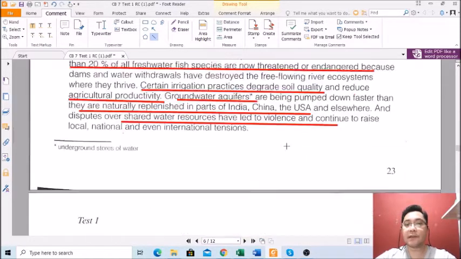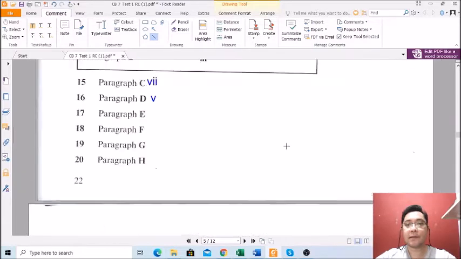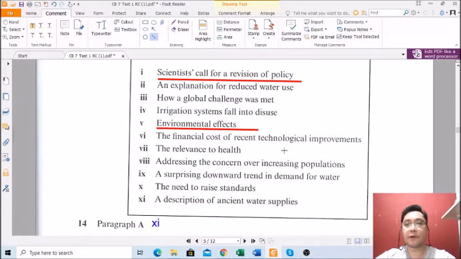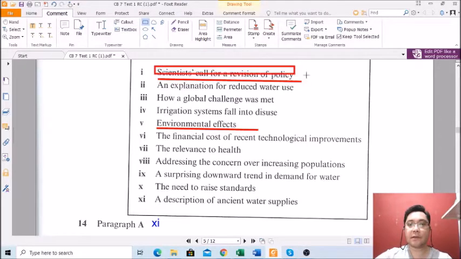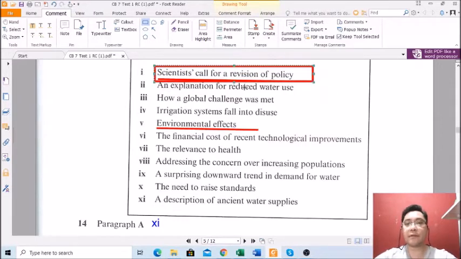So when you take a look at the choices here of the heading, if you try to take a closer look, the only way possible for us to match between the paragraph and the heading will be the first, the one that we were confused in the previous paragraph.